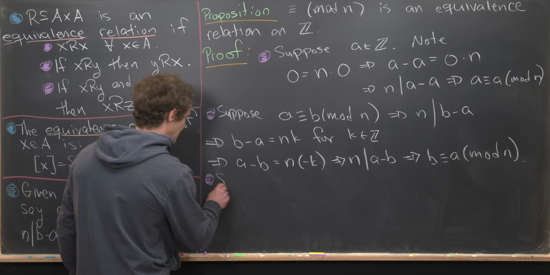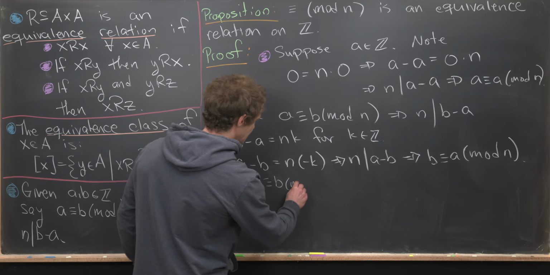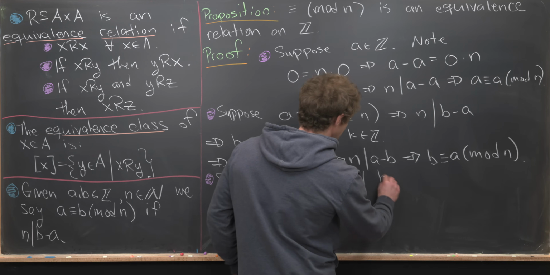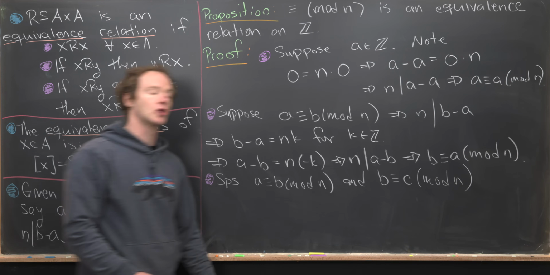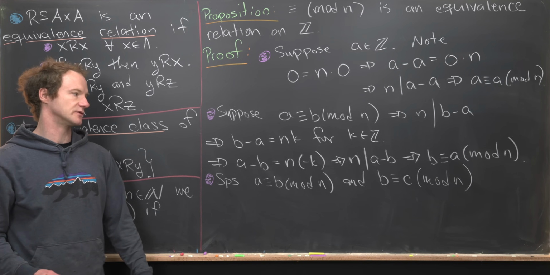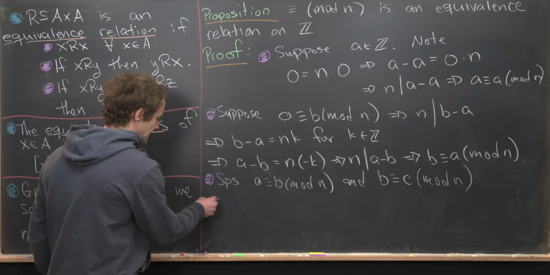So now let's show that this relation is transitive. So we'll do that by starting off by supposing that a is congruent to b mod n and b is congruent to c mod n. Keeping in mind our goal is to show that a is congruent to c mod n. But let's unravel these two things via the definition.